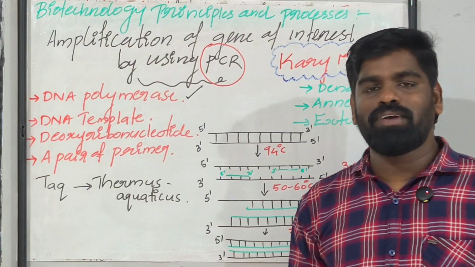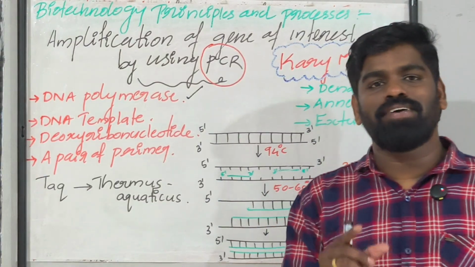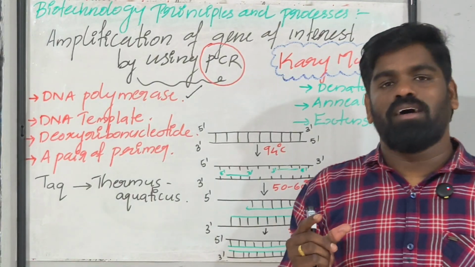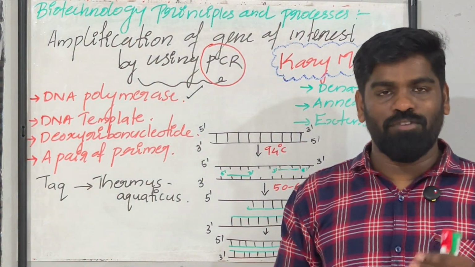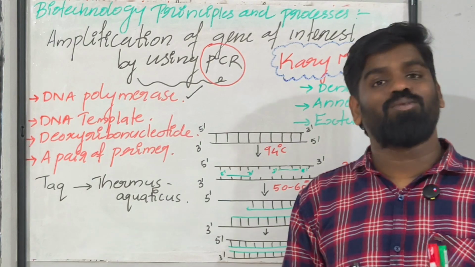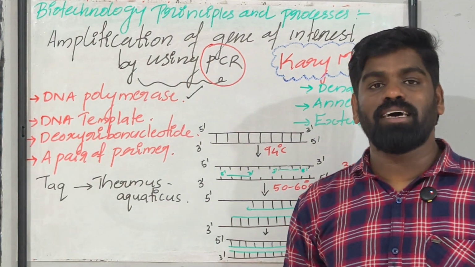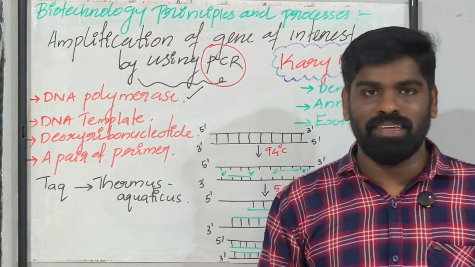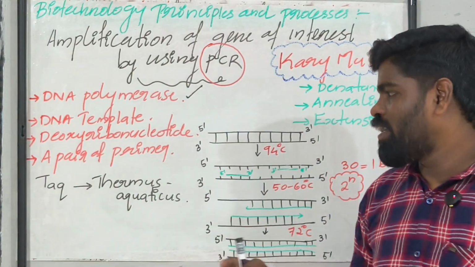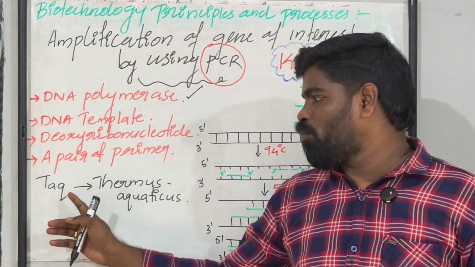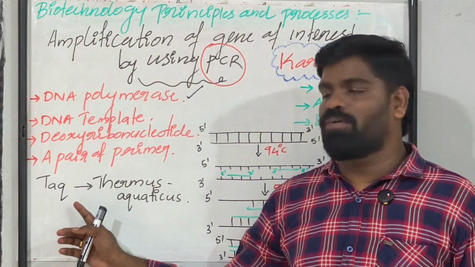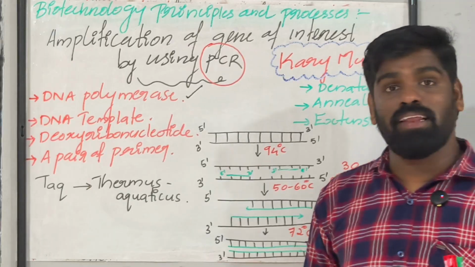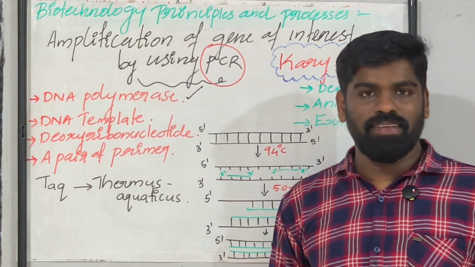After that, scientists discovered a DNA polymerase enzyme from thermostable bacteria, for example Thermus aquaticus, which can withstand approximately 95 degrees Celsius. The polymerase extracted from Thermus aquaticus is the Taq polymerase enzyme. Similarly, Vent polymerase enzyme is also there.